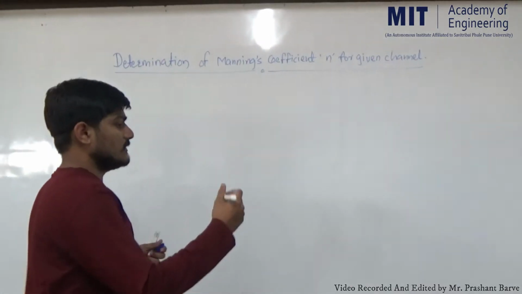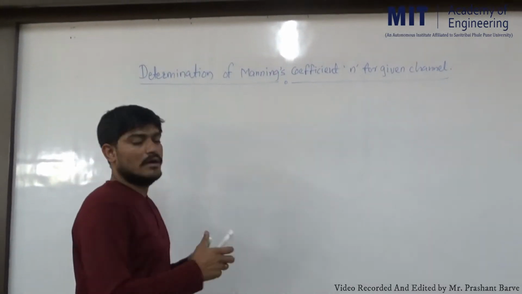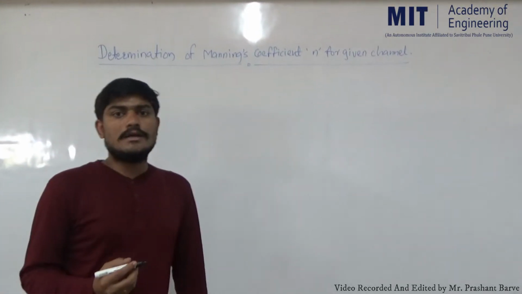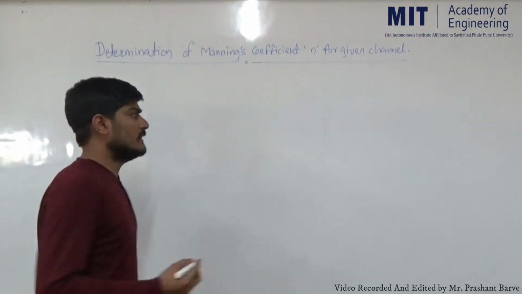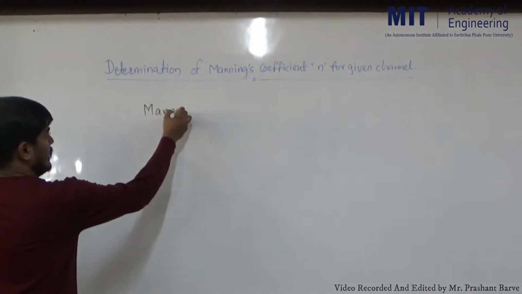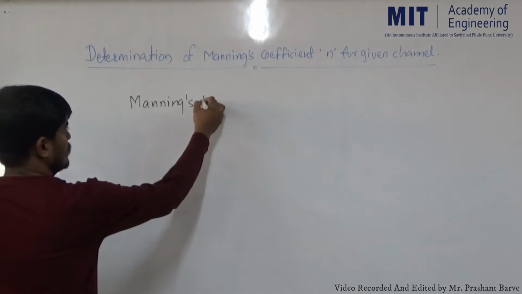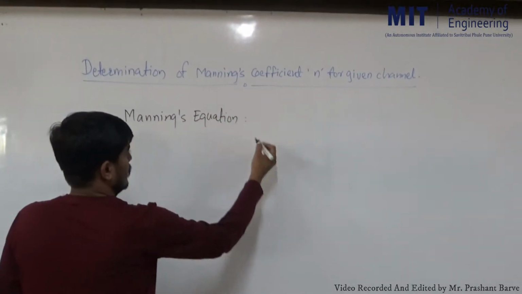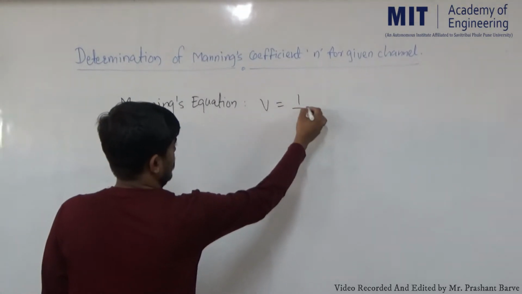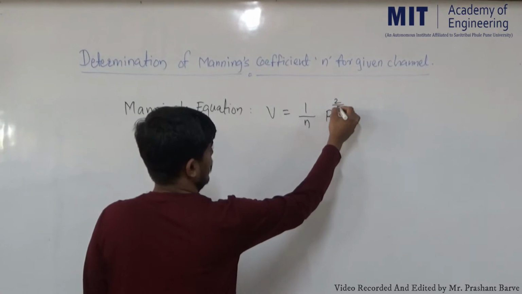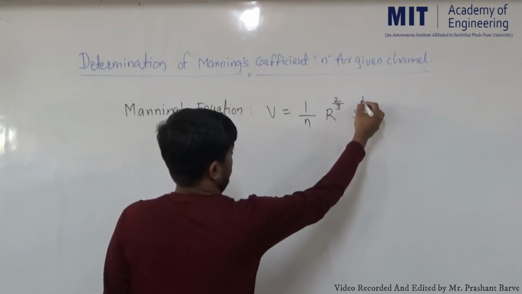Let me describe the theory of this practical with you. You all know that Manning's equation can be written as V equals 1 by n, R to the power 2 by 3, S to the power half.